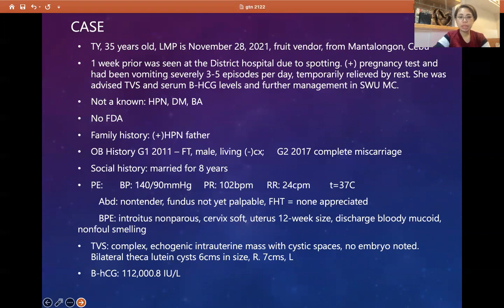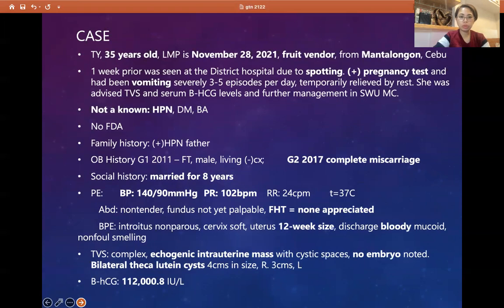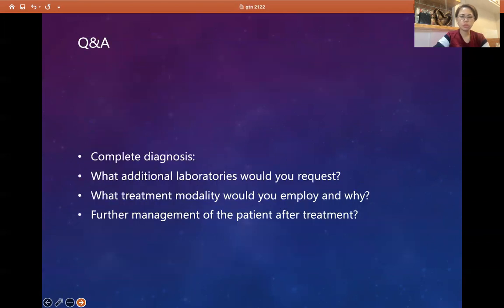Very straightforward case, so I hope you'll be able to identify the very glaring details in this case, which are highlighted or are now bold. So you should be able to at least have a complete diagnosis of the case.